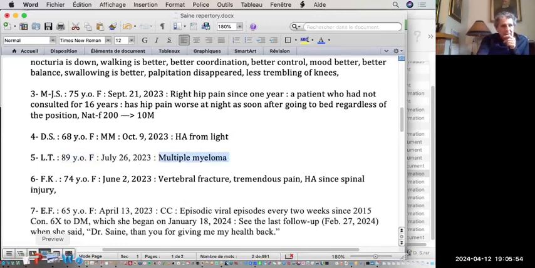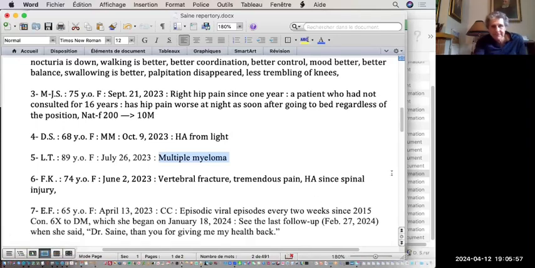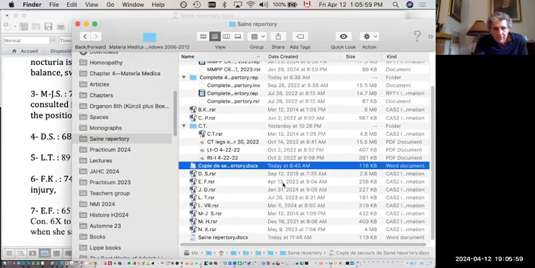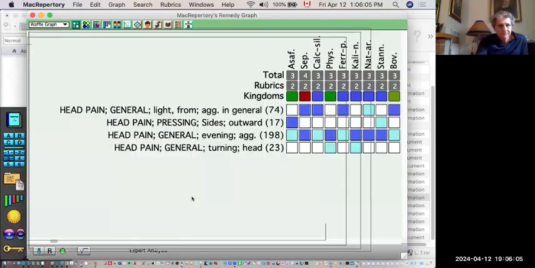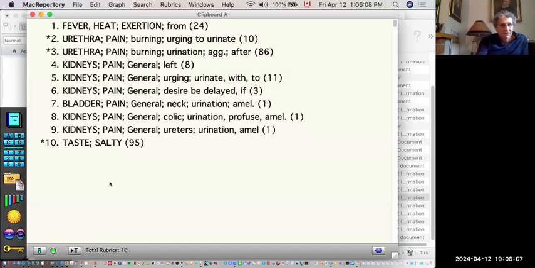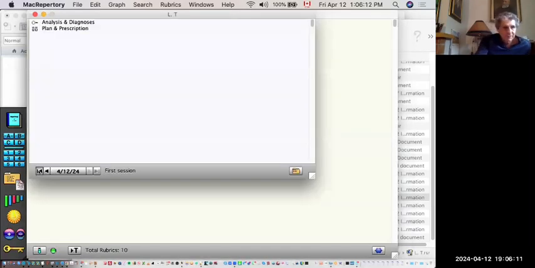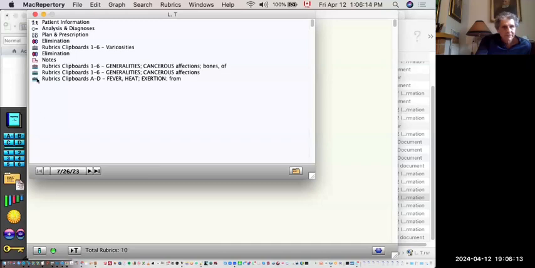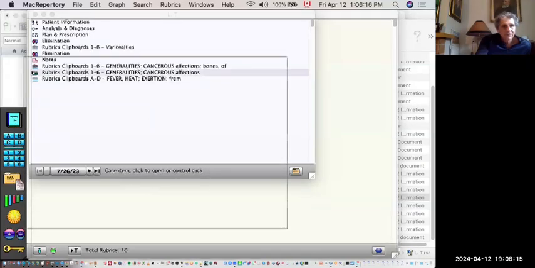So if we look at her case, this is LT. Here, LT would be in July. So we'll go back to July 23. So it would be this rubric.